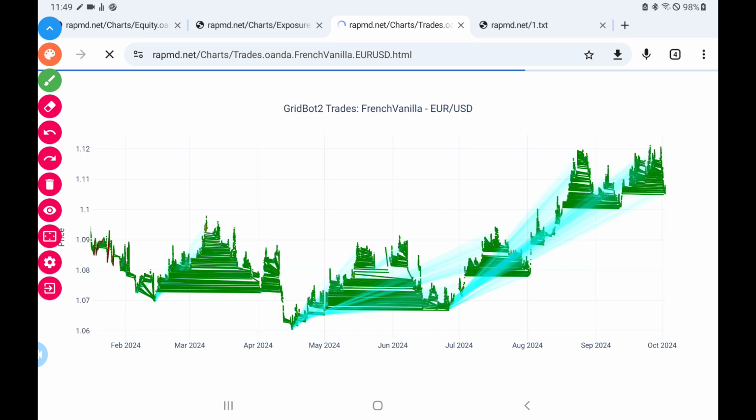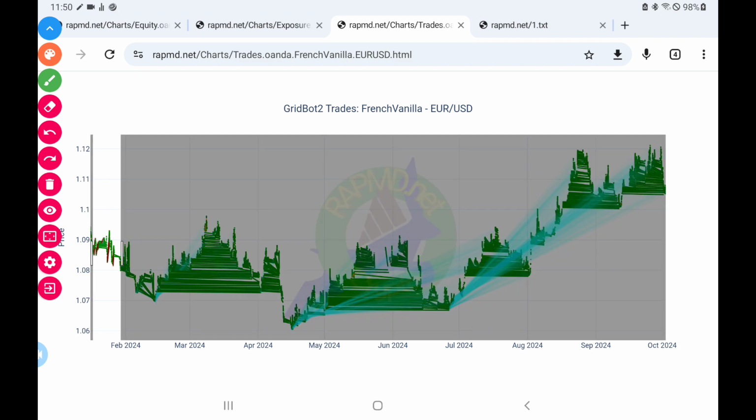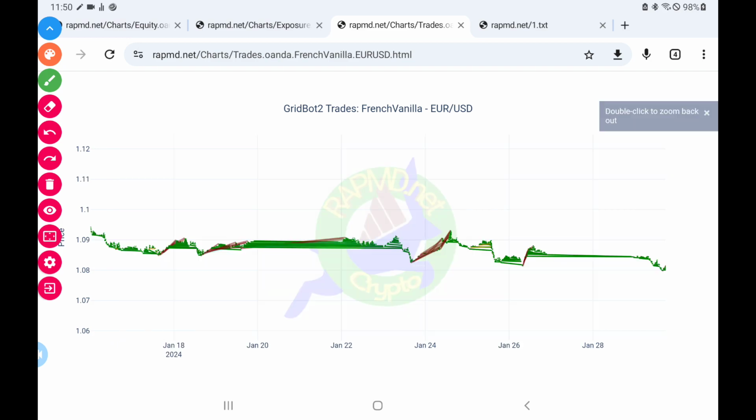And this chart is monstrous because I've taken a lot of trades, as we'll see very shortly. But the cyan or light blue lines, those are my reductions. We can see at the beginning of the chart where I have taken the losses with the red lines.